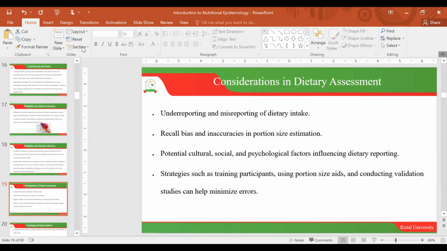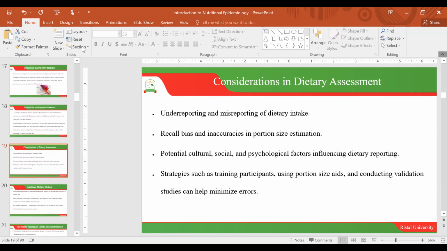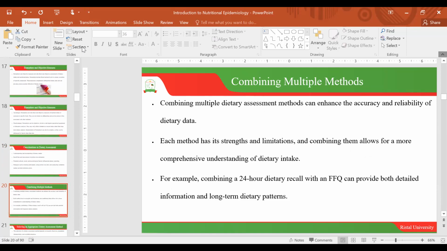Also, the people who you are going to use to record this data need to be well trained, such that they minimize issues to do with measurement errors and problems associated with apportioning the different sizes that could bring errors in your measurements. In practice, it is important that you use a combination of methods.